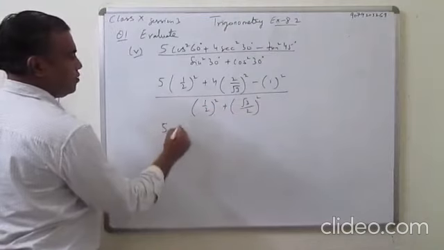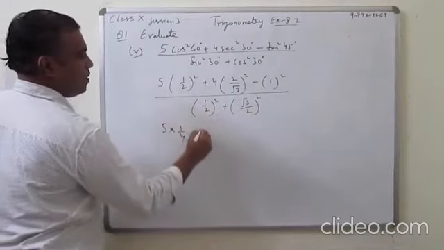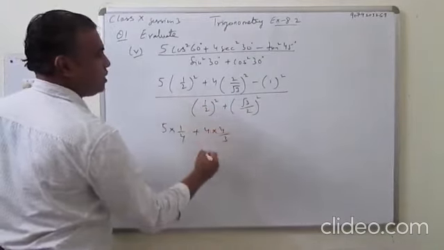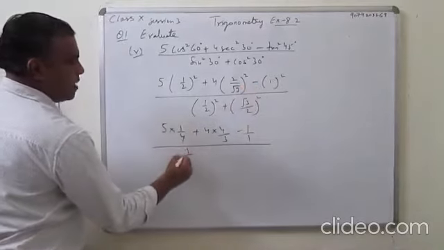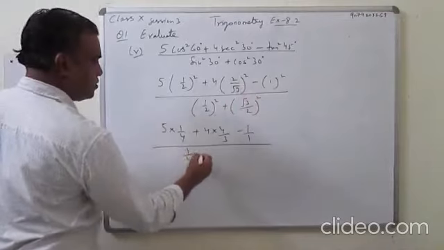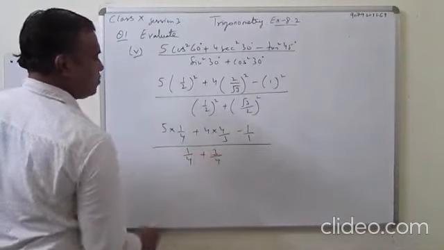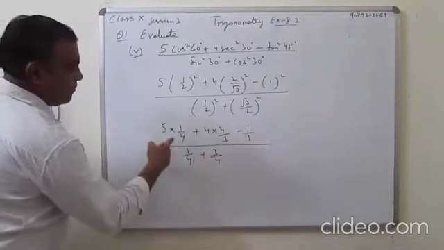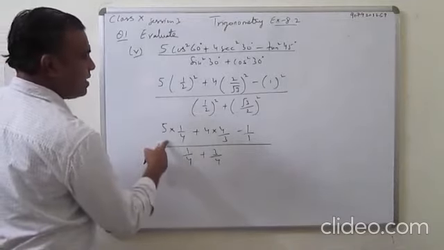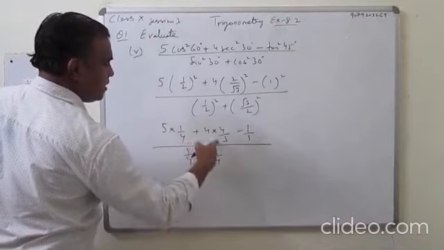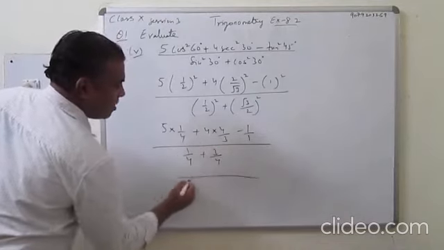Now simplify: 5 into 1 by 4 plus 4 into 4 upon 3 minus 1 upon 1 by 4 plus 3 by 4. Now simplify it: 5 upon 4, take LCM in the numerator, the LCM is 12.